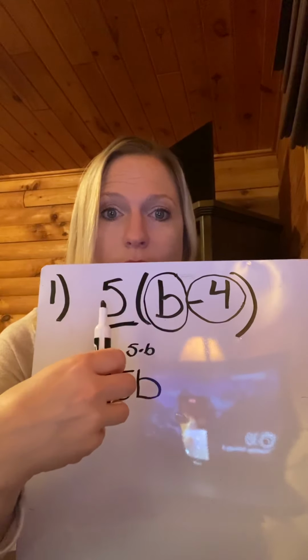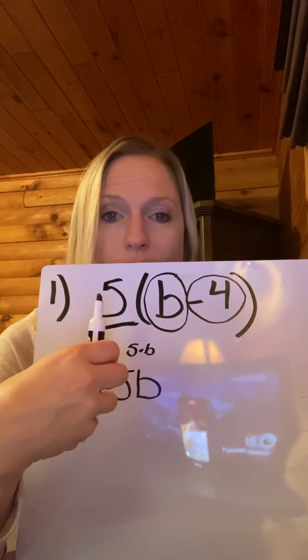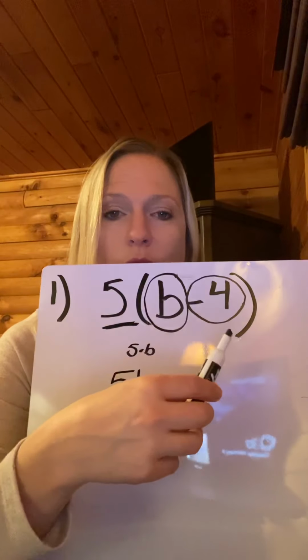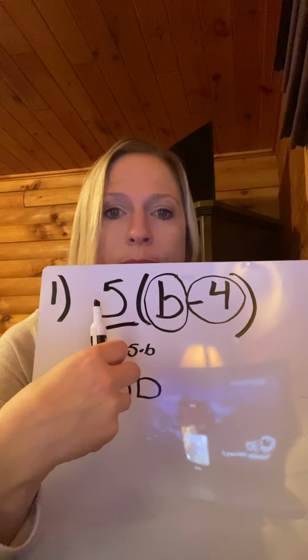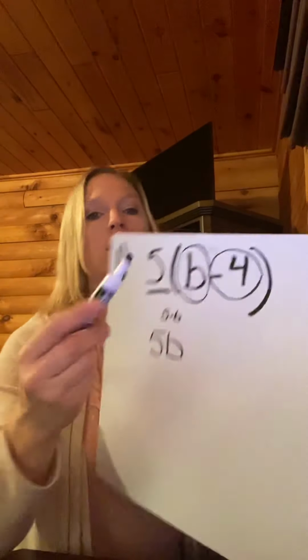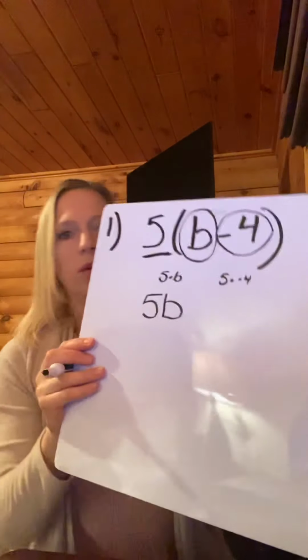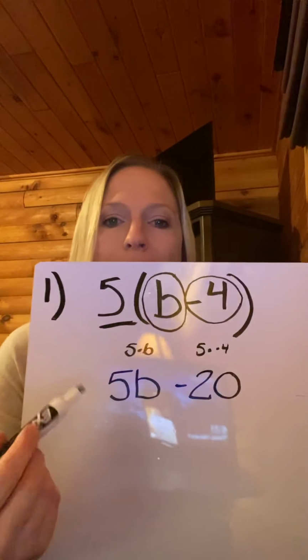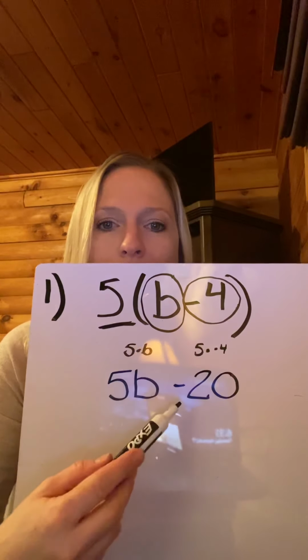So it's a matter of knowing your integer facts. Positive times a negative is negative, and 5 times 4 is 20. So 5 times negative 4 is negative 20. So we have 5B and negative 20.